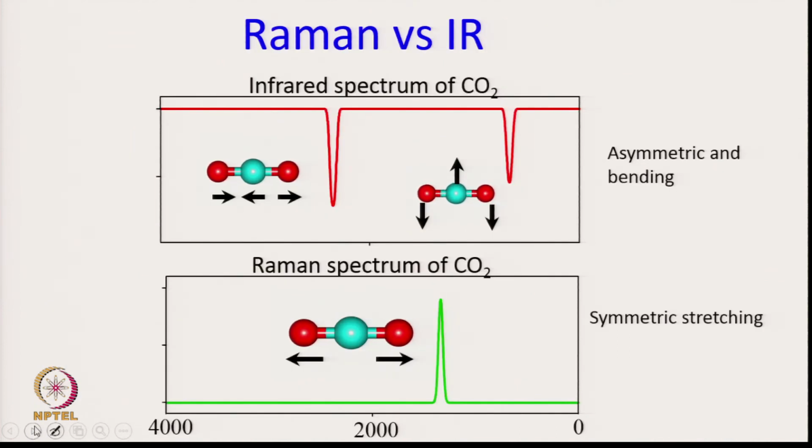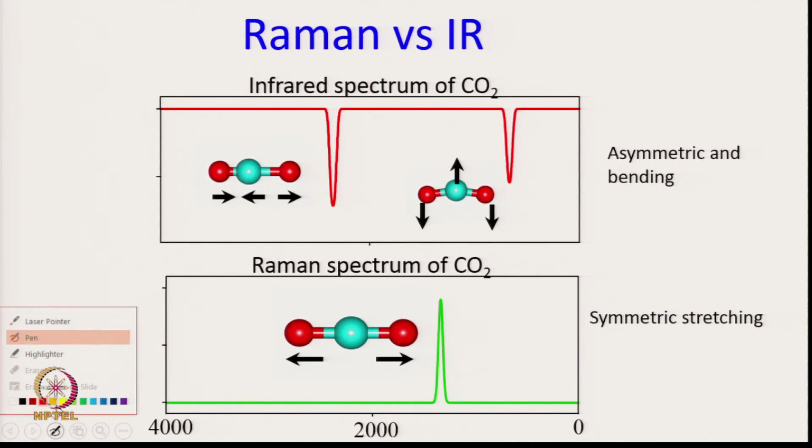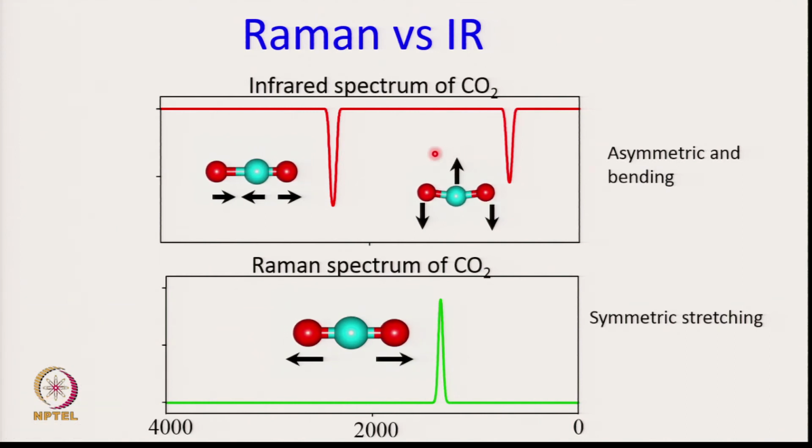So, this spectra is one example of carbon dioxide, and the center blue sphere is the carbon and two red spheres are the oxygen. So, this is how a CO2 molecule is, right.